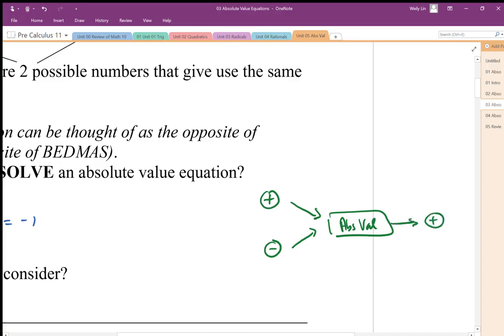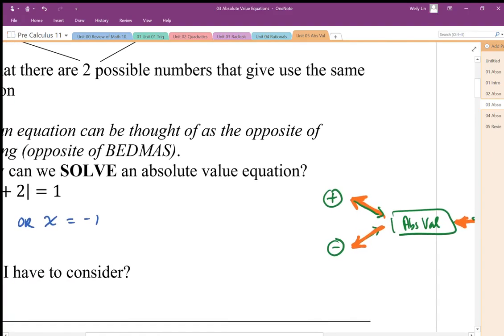But an inverse just goes in the opposite direction. So to undo absolute value, we input a positive and we get two outputs. There are two possibilities for the undoing.